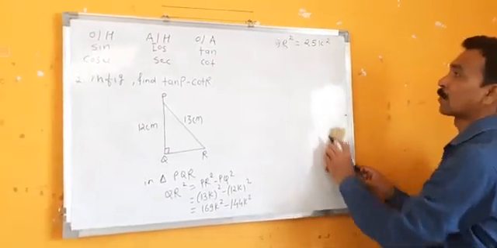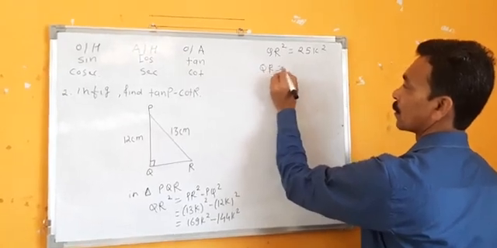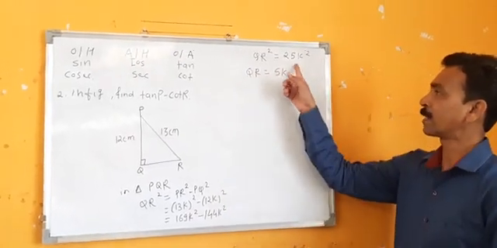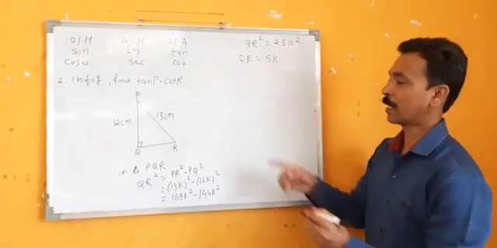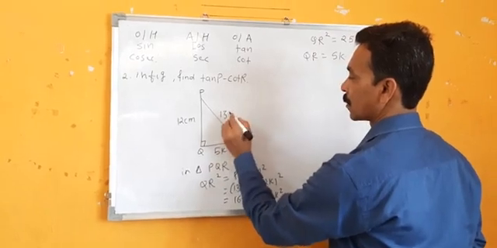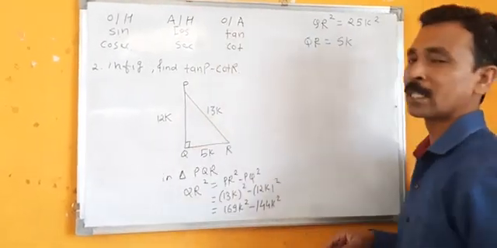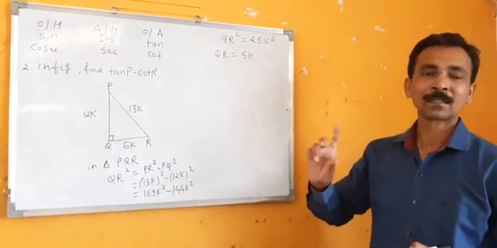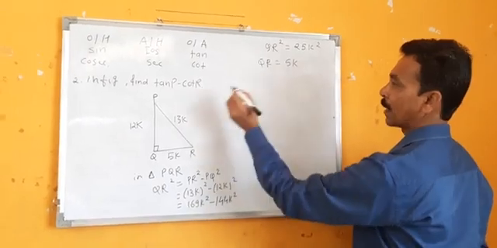So if QR square is 25 K square, what will be QR? 5K, because square root of 25 is 5 and square root of K square will be K. So I got here now, this is 5K. Here also I will write 13K. Yes, it is centimeter, but you have to write, okay, as ratio is in this way.